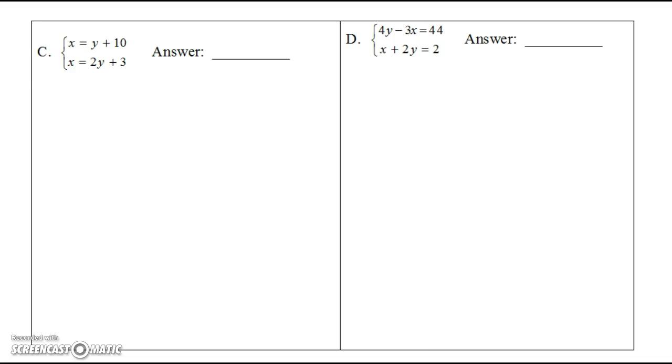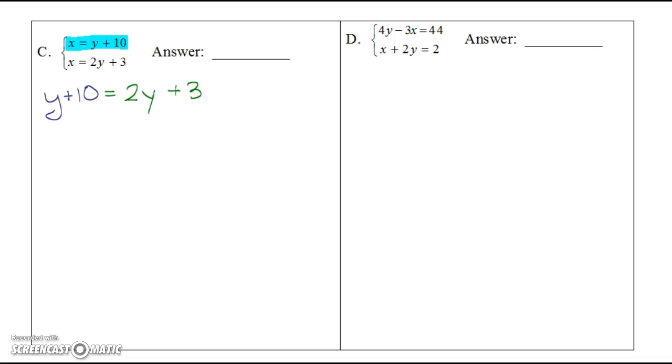I am still going to substitute x equals y plus 10. So, in the other equation, which is x equals 2y plus 3, instead of x, I'm taking x out, and in its place, I'm going to write y plus 10.